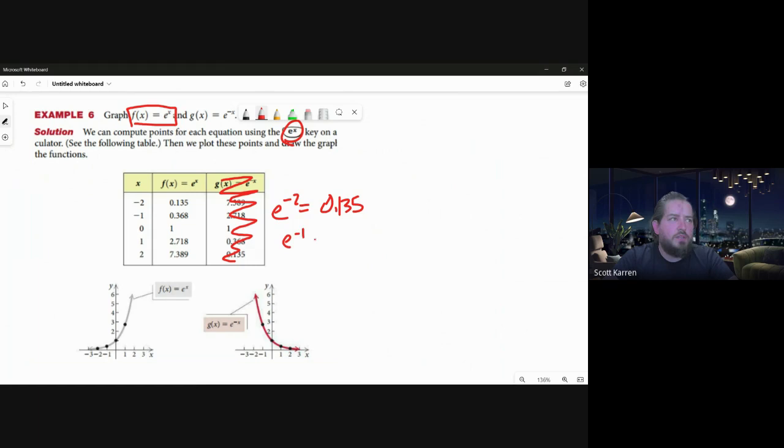E to the -1 should give you 0.368. And if we took the time to go through this and graph it, we would end up with this graph here. And that's 5.2.